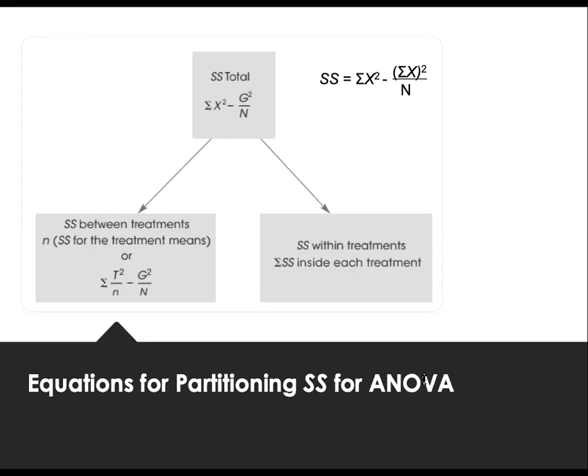You could use the definitional formula or the computational formula. And remember, the definitional formula made more sense from a conceptual standpoint, but the computational formula was a little bit easier when there weren't whole numbers or when there were a lot of numbers. And they both give you the same result. So you can use whichever one you prefer. For calculating sum of squares in ANOVAs, we're going to use the computational formula.